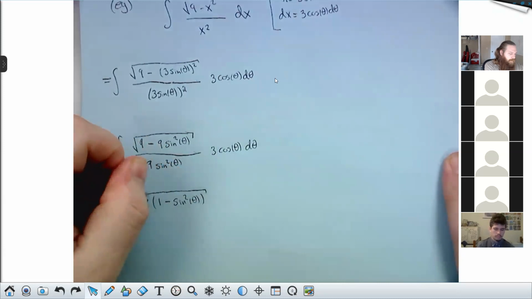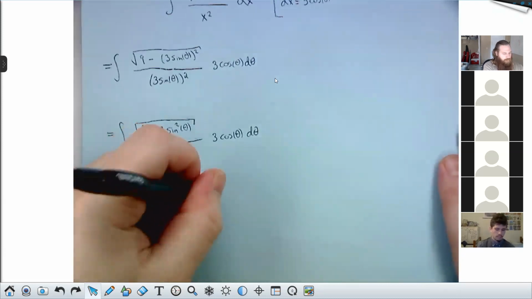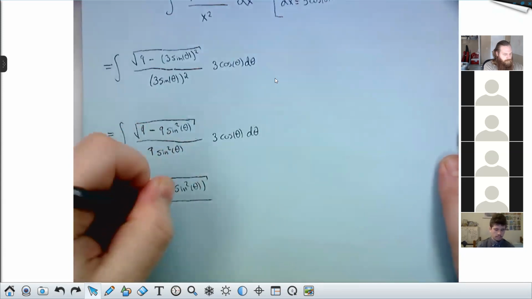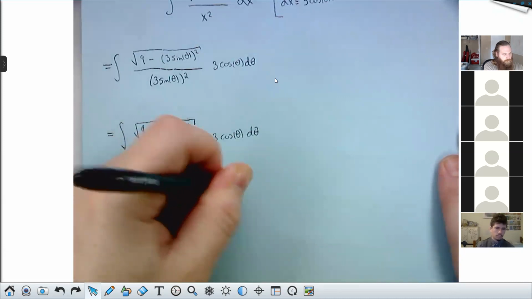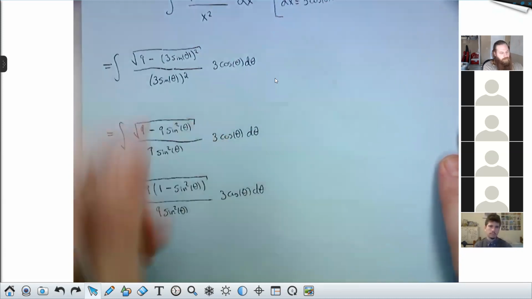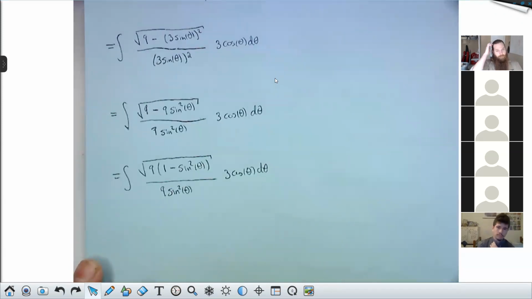So this is what I get under my root when I factor that 9. Downstairs, everything else, I just leave it alone. 9 sine squared theta, 3 cos theta d theta. We'll just wait and figure out the root. Then we'll worry about the constants.